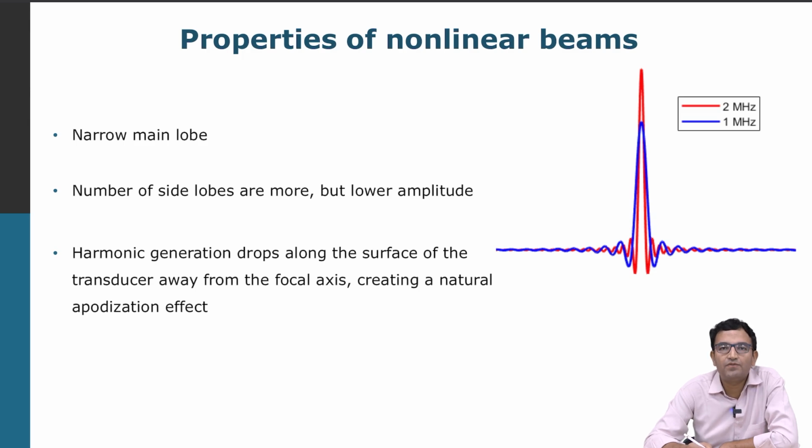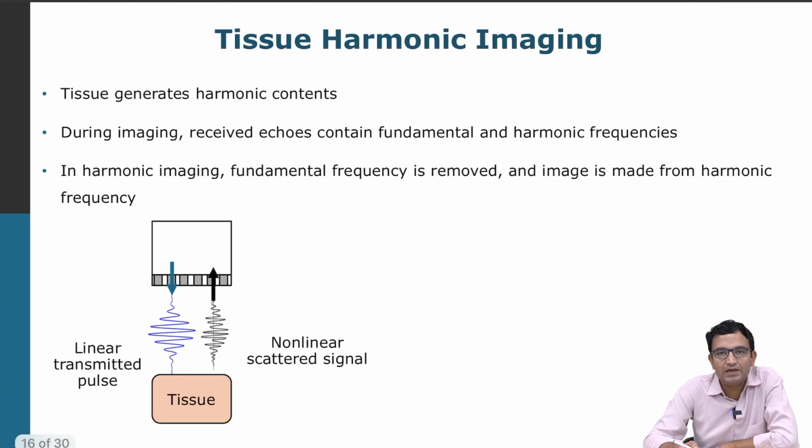So these side lobes are weak in pressure, and they don't really generate much signal. Therefore, these beams have relatively weak side lobe levels, which is great for imaging because it creates a natural apodization effect. We discussed earlier that in apodization, we provide weights to the transducer array so that you have a smooth pattern of particle velocity variation along the surface of the transducer array. But here, that is happening naturally because the side lobes are getting suppressed anyways.